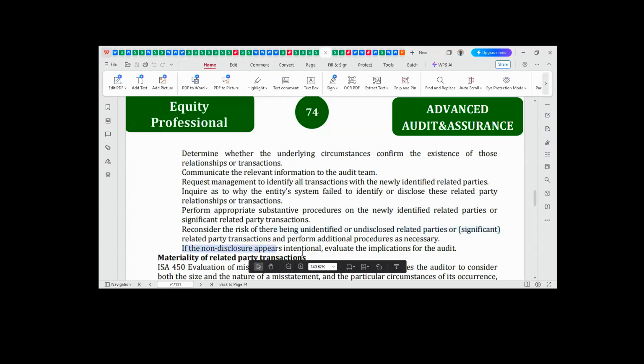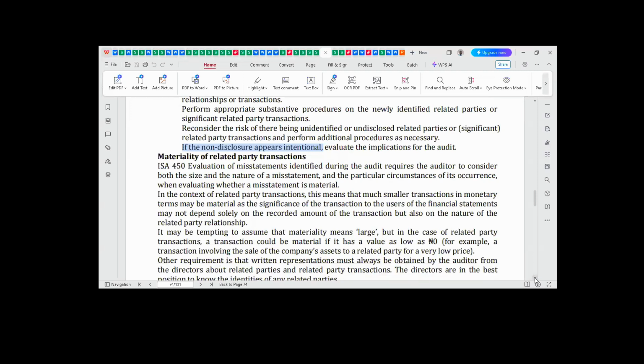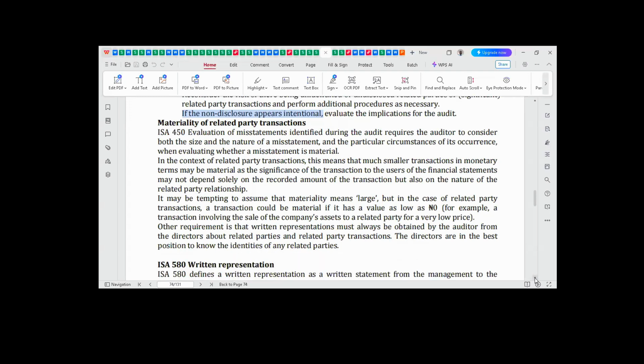So if the non-disclosure appears intentional, the auditor will evaluate the implication for the audit. That is where he will decide whether to qualify his audit opinion, or to seek advice from his lawyers and to quit.